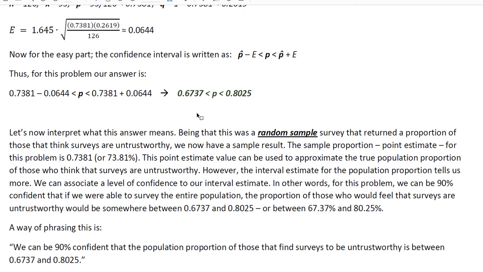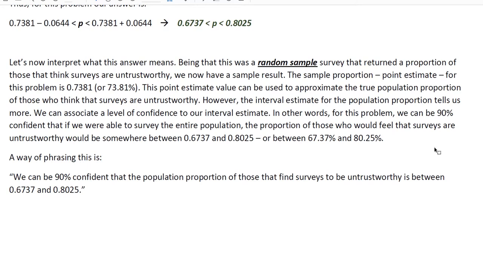And that range of numbers, we can be confident that if I were to go out and survey the entire population under consideration, I can be, in this case, 90% confident that the true population proportion of those who find surveys to be untrustworthy would be somewhere between 0.6737 and 0.8025.